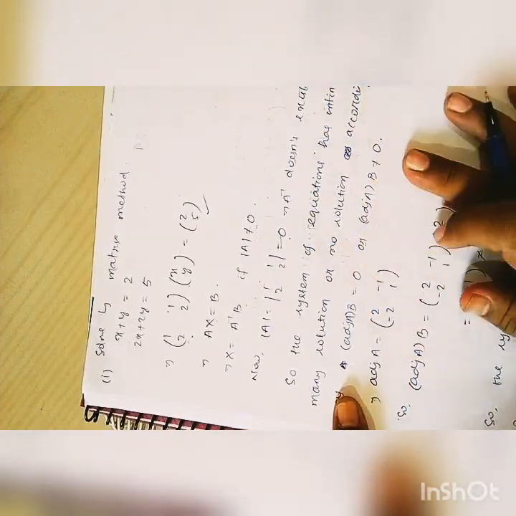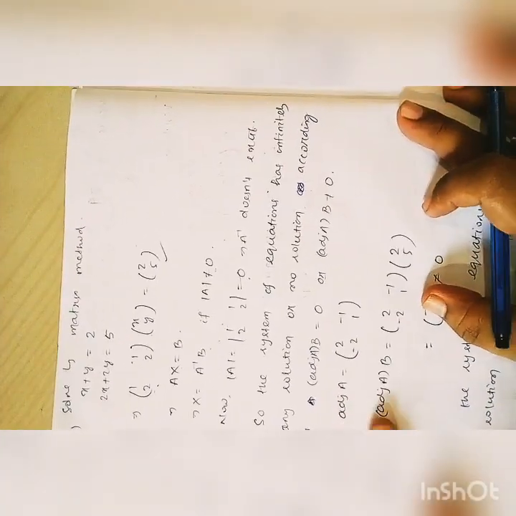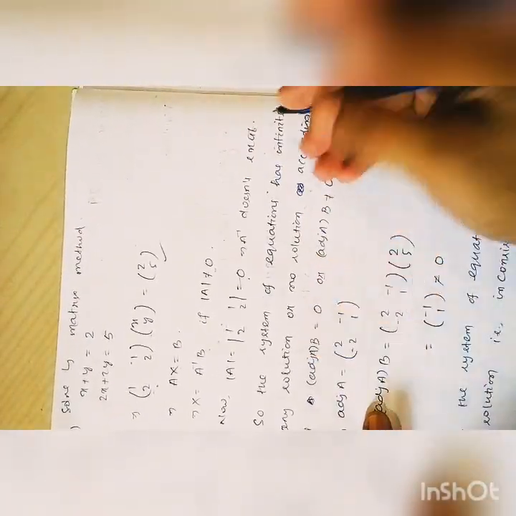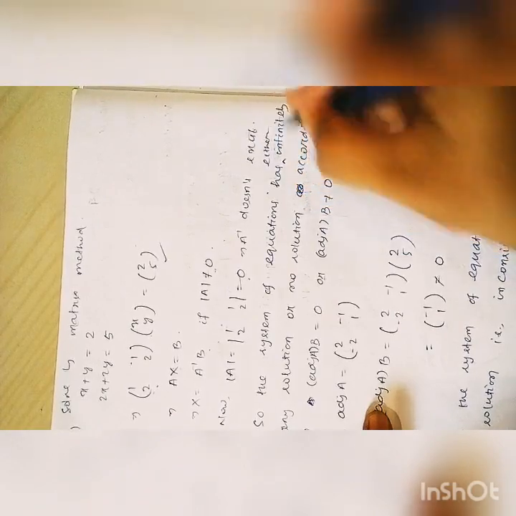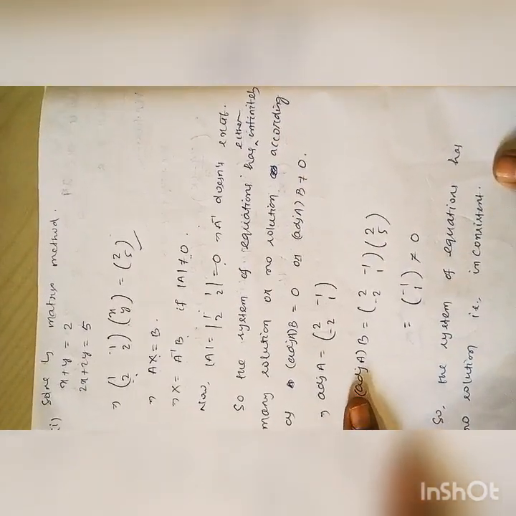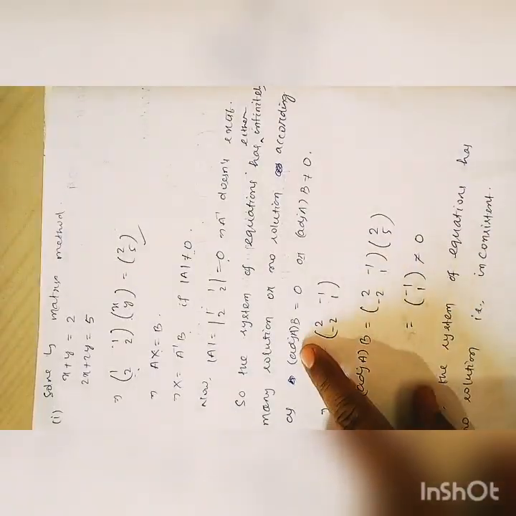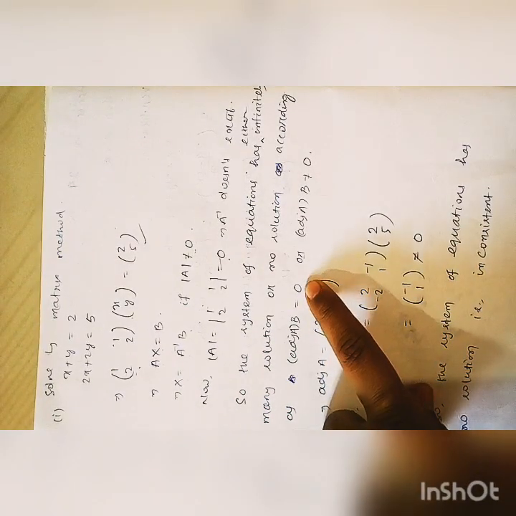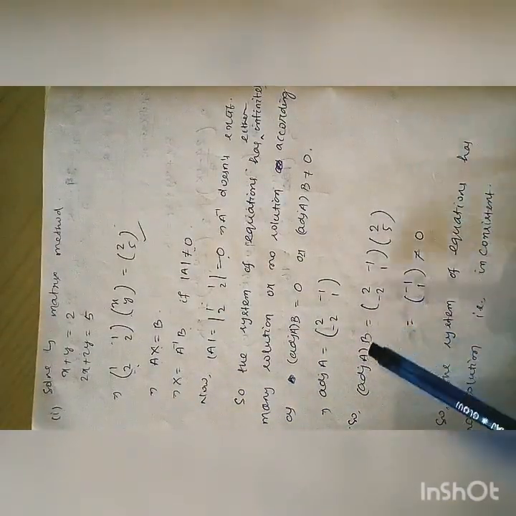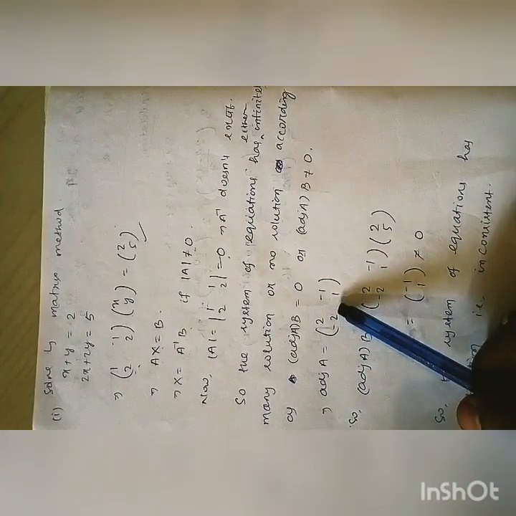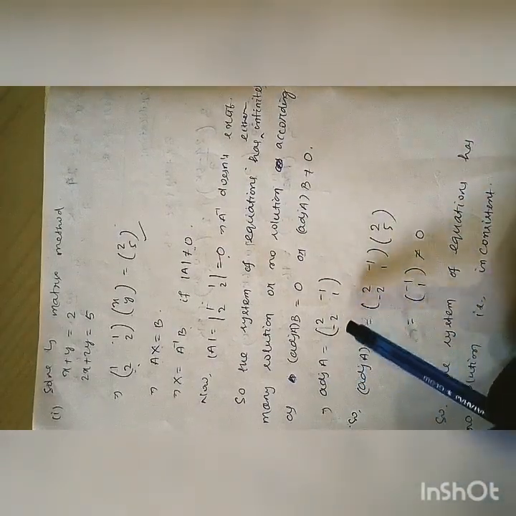So the system of equations has either infinitely many solutions or no solution, according as adjoint of A into B equal to 0 or adjoint of A into B not equal to 0, which we have proved in the last video lecture. Now adjoint of A: we know the shortcut formula to find the adjoint of a matrix.